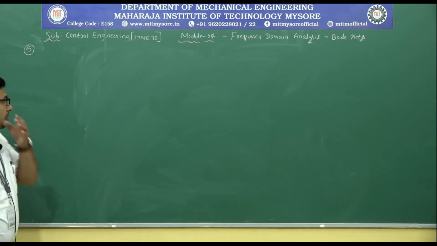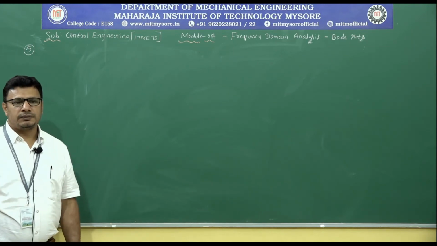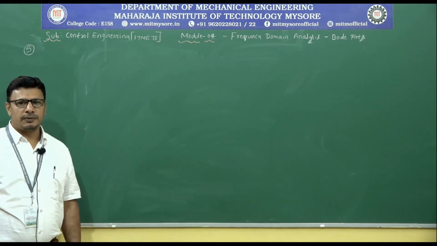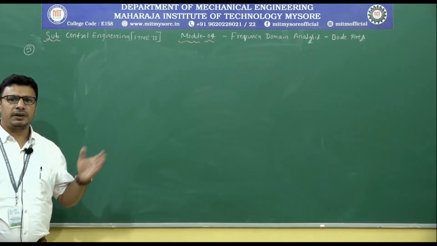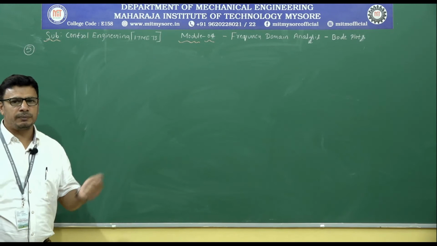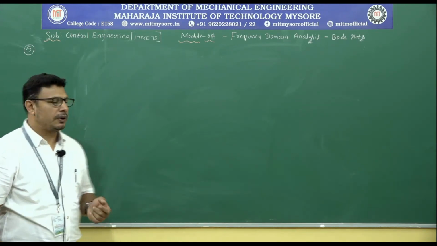Let us try to solve one more problem. I won't be making the complete solution of the problem on the board, but I'll just give you a beginning. The rest, the same approach, same procedure remains as we have followed for the previous problems also.